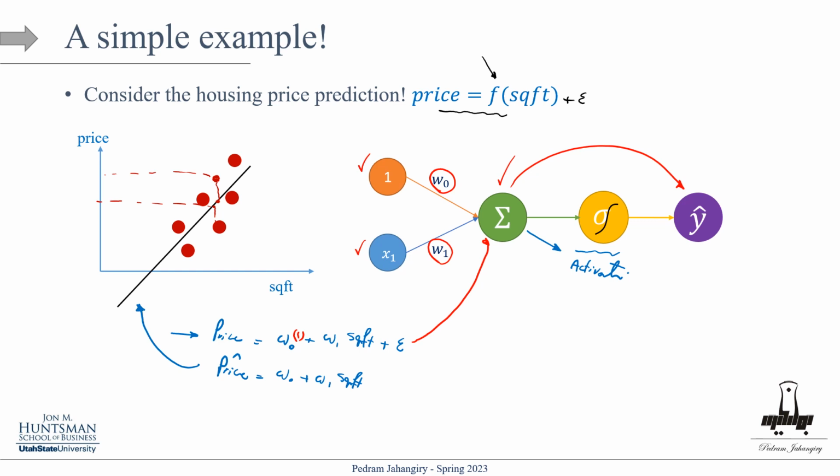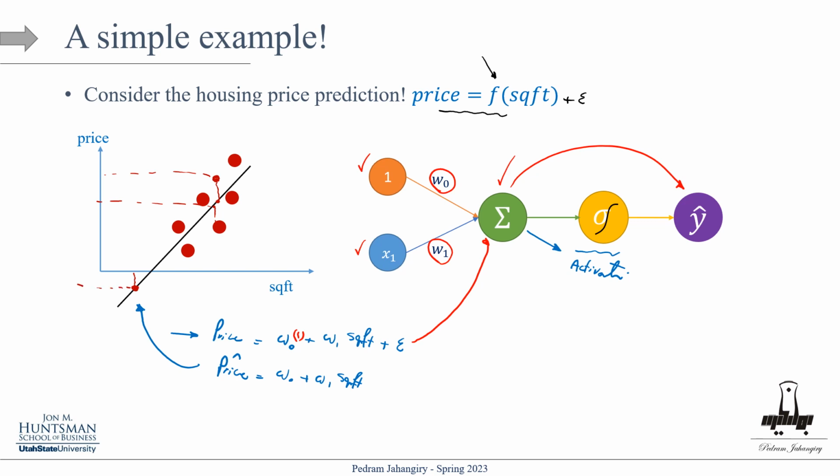Let's think of a very simple example. Imagine I want to make sure that the prices we are predicting are always positive. Something as simple as that. Because right now, if the square feet of a house is here, the model is going to predict something like this, and it's negative.